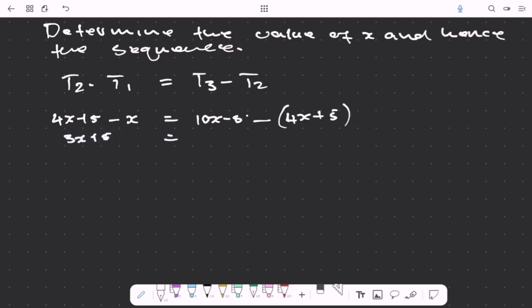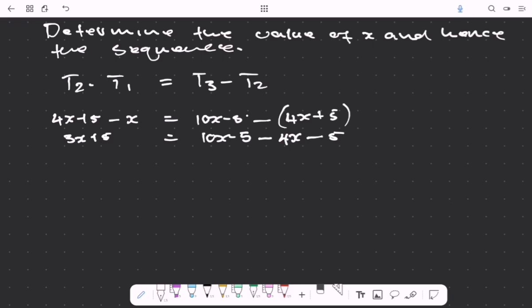That's equal to, cleaning this side up, 10x minus 5, minus, and now this is where putting things in brackets becomes important, we distribute this negative sign and we get 4x minus 4x minus 5. You see the importance of putting that term into brackets.